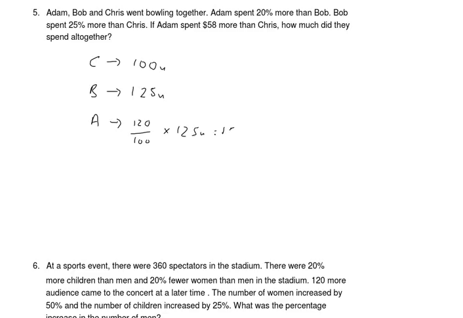Okay, so now that we know this is 150 units, next, if Adam spent $58 more than Chris, you know that the difference between Adam's and Chris's spending in terms of units is how many units, Lauren? 50 units, right? So we know that since the difference in units is 50, it equals $58.